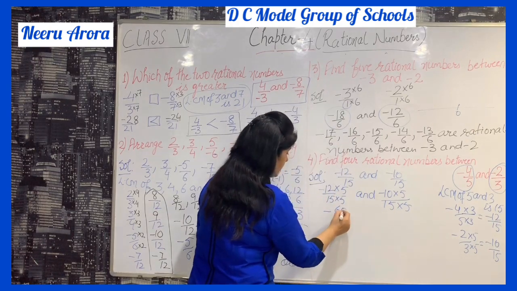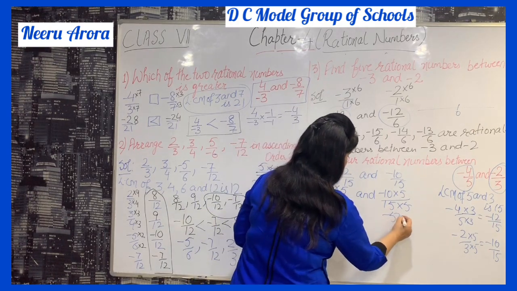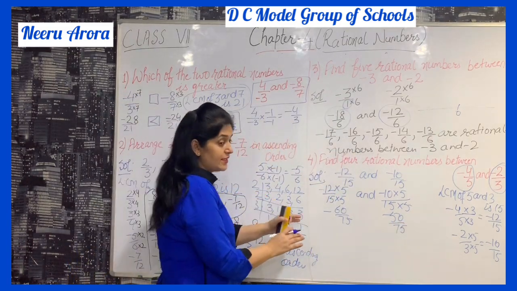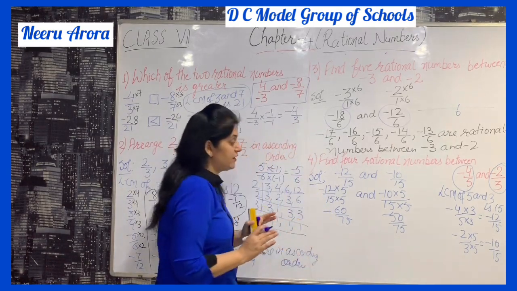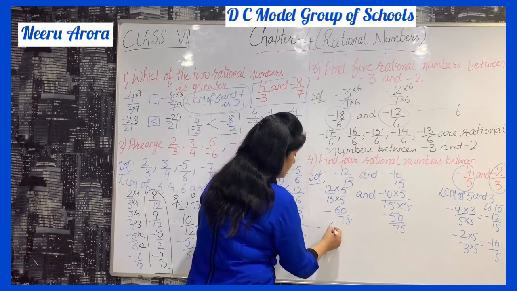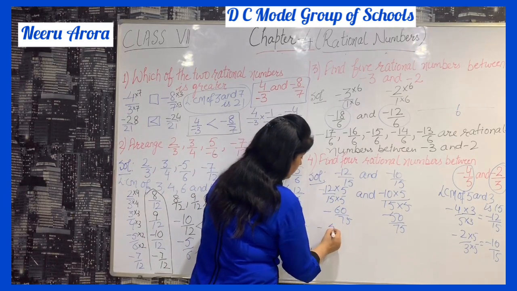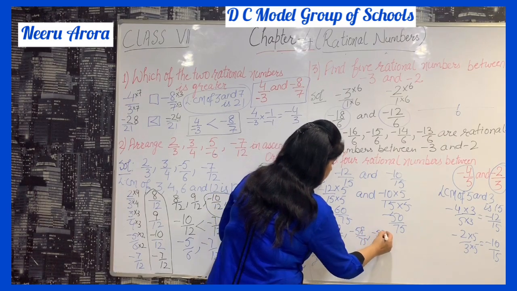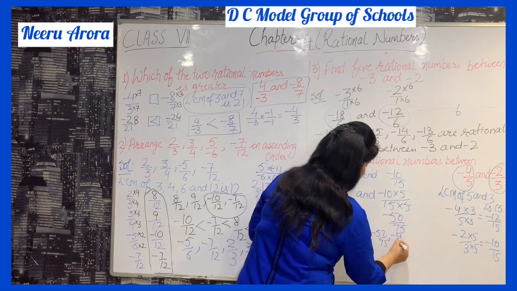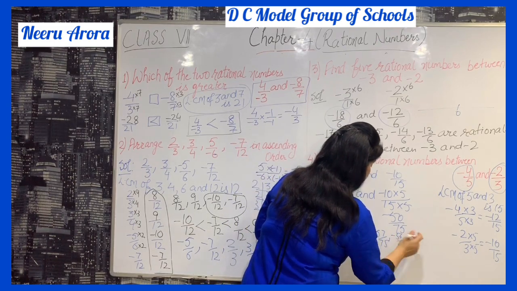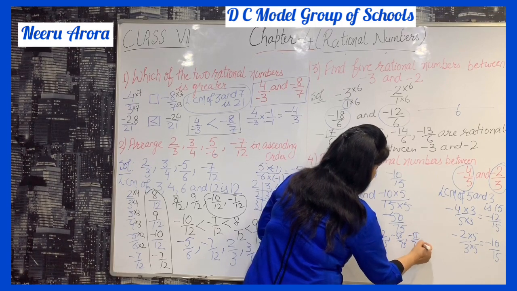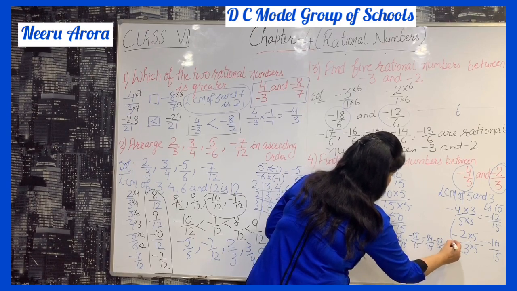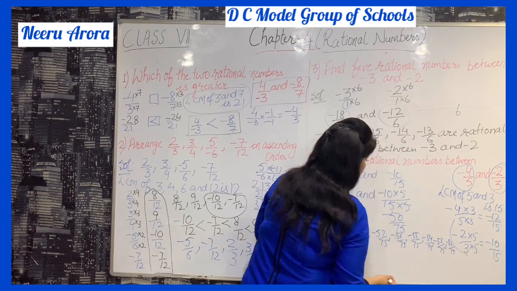So here we get minus 60 by 75, minus 50 by 75. We want only 4 rational numbers, but in this sum we can find 10 rational numbers, like minus 59 by 75, minus 58 by 75, minus 57 by 75, minus 56 by 75, and in this way continue, minus 55 by 75, minus 54 by 75, minus 53 by 75, minus 52 by 75, and so on, minus 51 by 75.